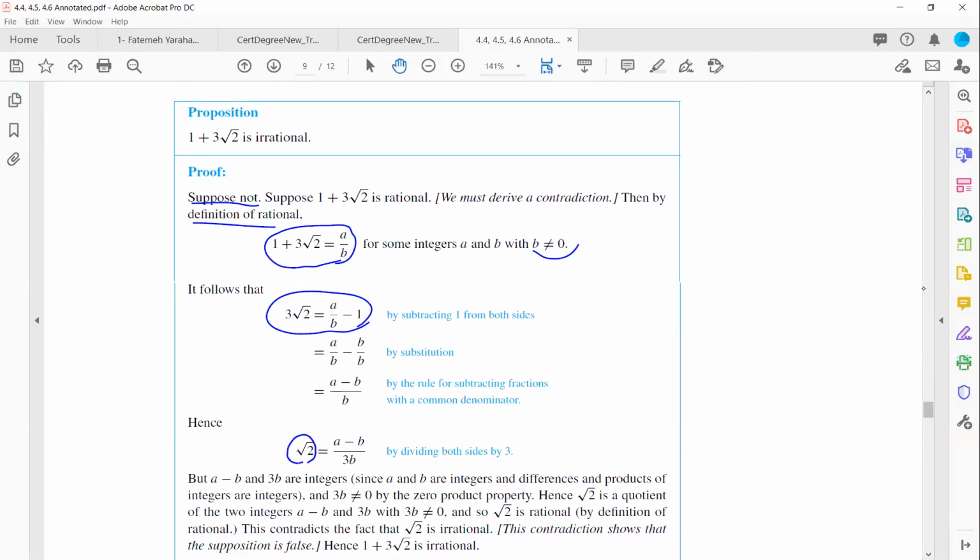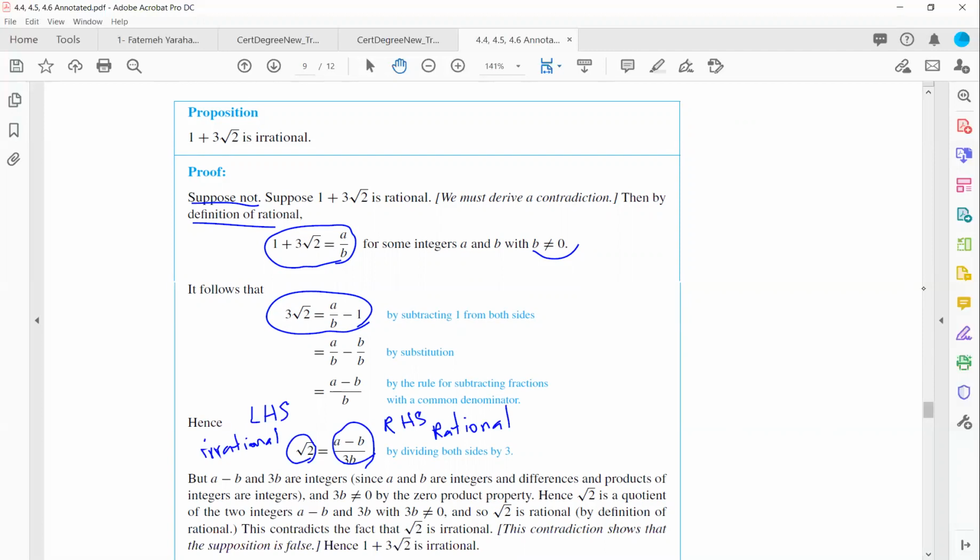On the left-hand side, using previous theorem, you show that square root of 2 is irrational. On the right-hand side, you have a fraction, an integer on the numerator, an integer on the denominator, which is rational.